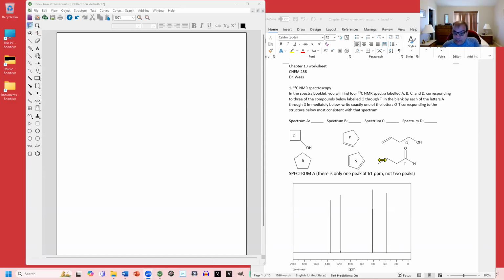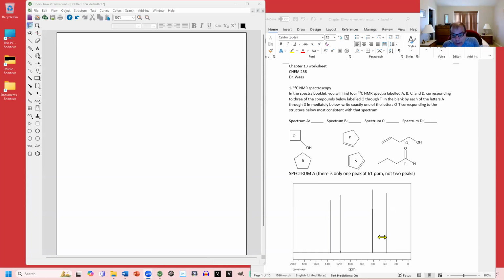Well, same thing. There's 4 carbons in it, and they're all different. There's the carbonyl. There's the CH2 directly attached to the carbonyl. There's this CH2, which is 1 carbon further away from the carbonyl, and there's the CH3. All 4 of them are different. So again, we would expect 4 peaks for compound T and 4 peaks for compound Q.